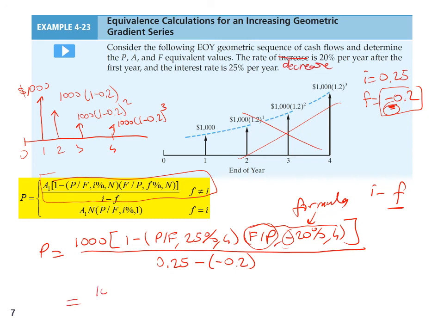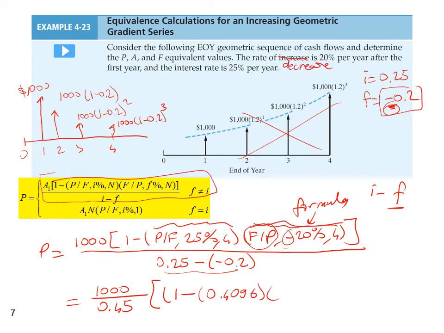So we can write this 1000 divided by 0.45 multiplied by 1 minus this P given F 25% and 4. You can look at the factor tables and you will find this value.